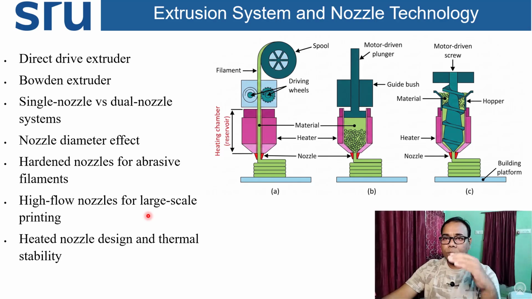If thickness is more, then the layer effect will come and the quality of the product will go down. Reverse to that, if the nozzle diameter is less, less material will come, so less thickness of one layer, and in that case better surface quality of the printed product can be achieved.